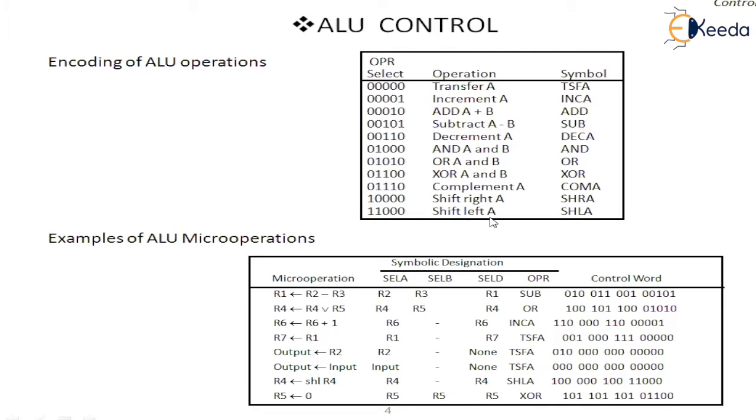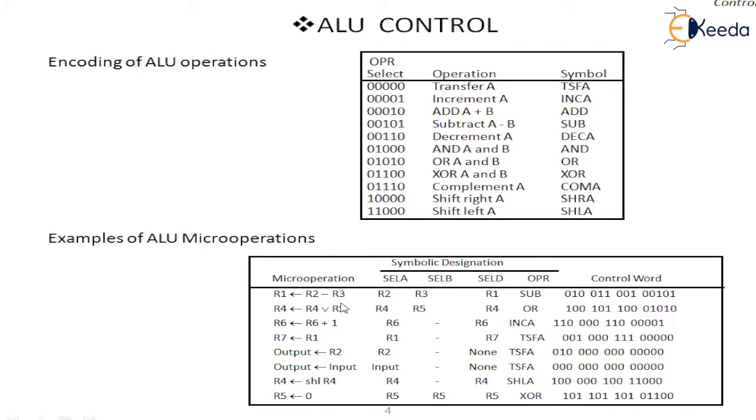Okay. In our case, we are performing R2 plus R3 and transferring to R1, that is R1 equals R2 plus R3. But here, what is given is R2 minus R3. Doesn't matter. This is subtraction, but we are going to perform addition.